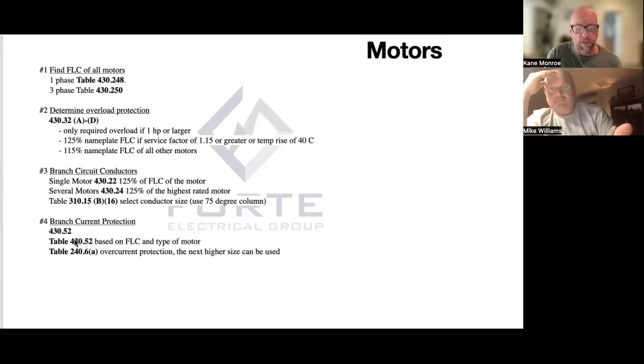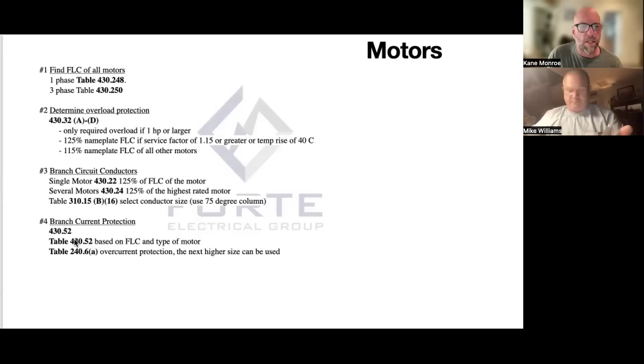On the left-hand side, they'll tell you the type of motor. Single phase, AC polyphase, squirrel cage. Remember, polyphase is just another fancy word for 3-phase.